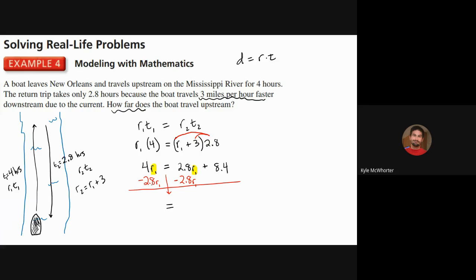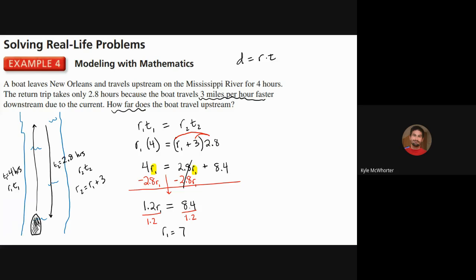So 4 minus 2.8 would be 1.2, and that equals 8.4. To get the rate on the way there, we just need to divide both sides by 1.2. 8.4 divided by 1.2 is 7. So R1 is 7.